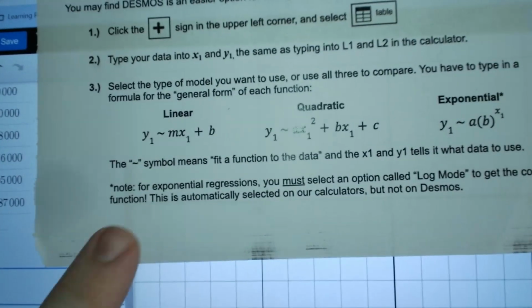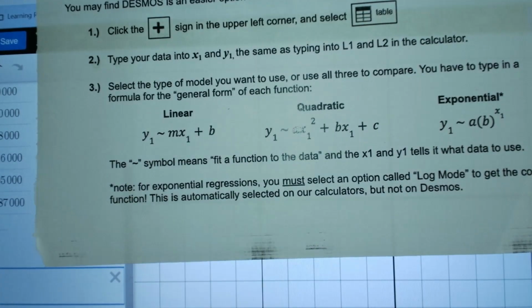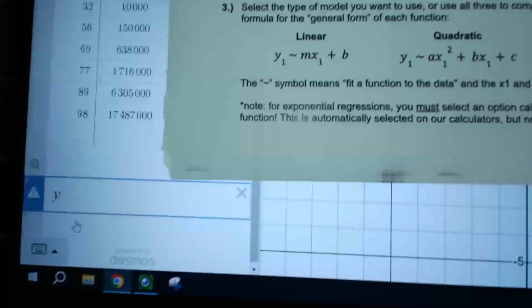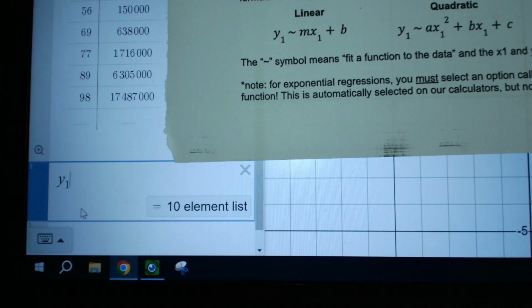In fact, we're going to type all 3 in by the end of this. To type in the little 1 that's like a subscript, just press the number 1. It'll automatically pop down, and it says 10 element list, because you've got 10 things that you typed in the Y1 column.